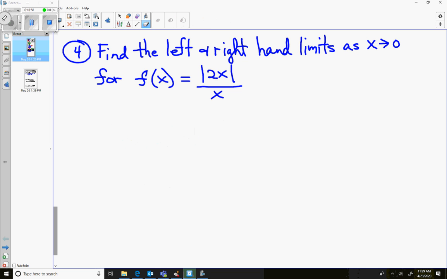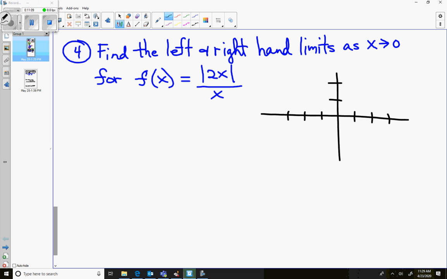Well, it's just going to make it be twice as far as normal. So in other words, whereas the original graph was at 1, this graph is going to be at 2. And the original graph was at -1, it's going to be at -2. But that's the graph of our function that we're looking at.